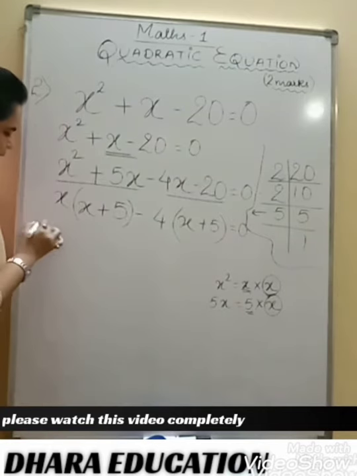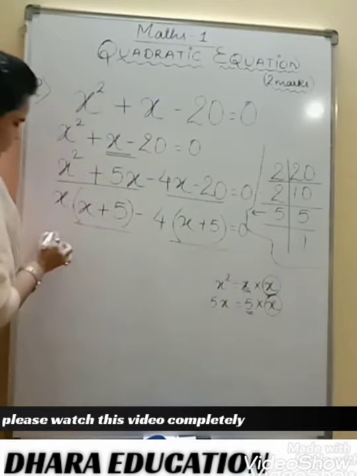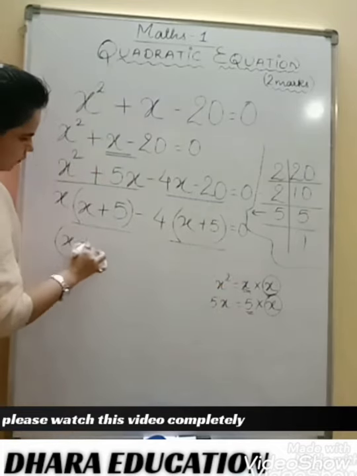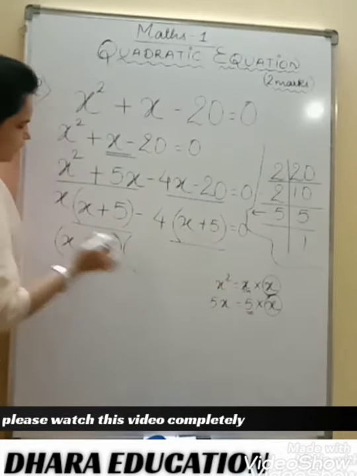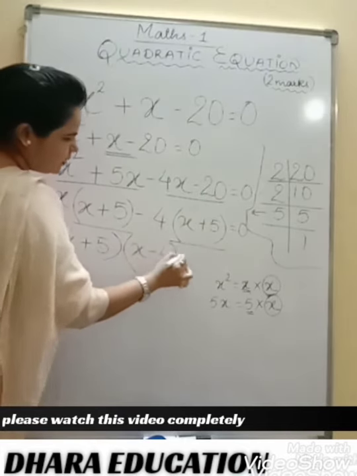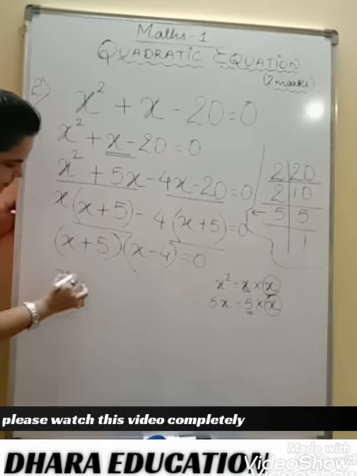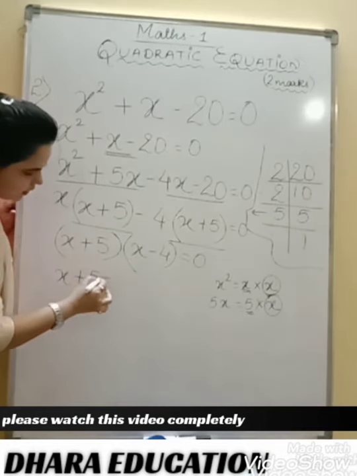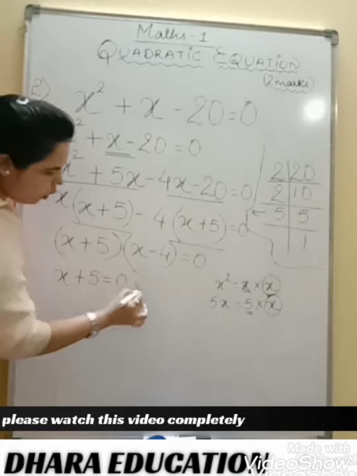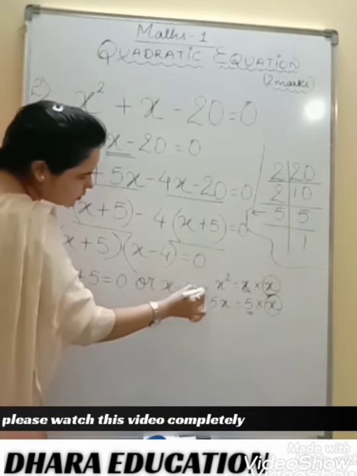Alright, our next step will be to take this common term, x plus 5, in one bracket, and the rest, x minus 4, in the other, is equal to 0. After this, the next step will be x plus 5 is equal to 0 or x minus 4 is equal to 0.